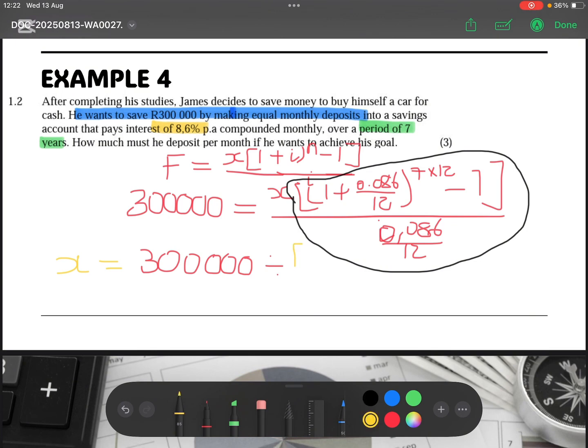So now you're going to divide by 1 plus 0.086 divided by 12 to the power, and then you'll say 12 multiplied by 7, that will give you 84. And then you subtract 1, and then you divide everything by 0.086 divided by 12, right?